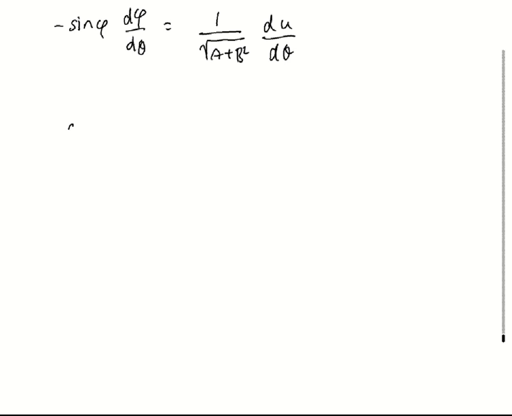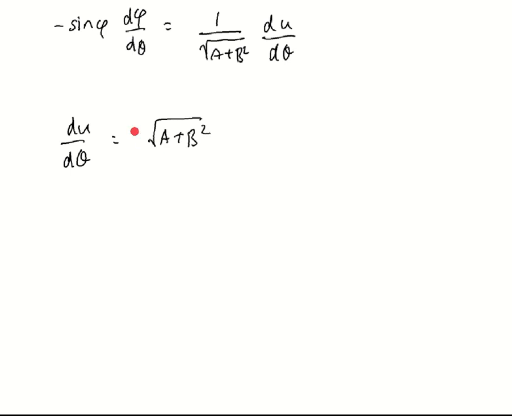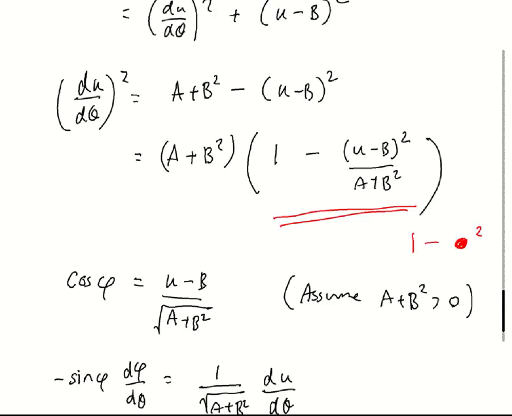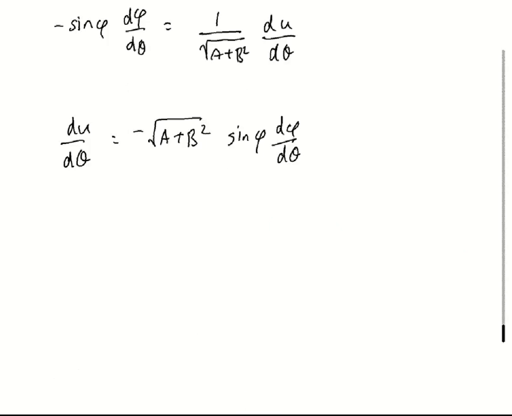I've now got du by d theta is equal to root a plus b squared, minus, times sine phi times d phi by d theta. And then what we're trying to do is look at this thing here. We now have the du by d theta, so that's squared.